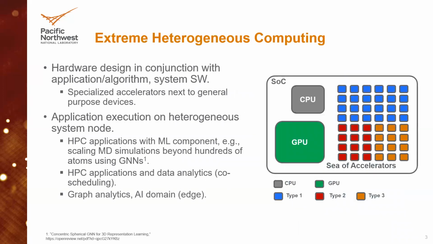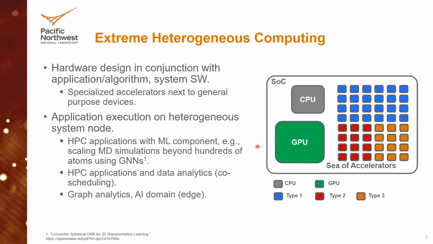The idea here is that we are looking into the future where the nodes will become more complex, where you may have programmable devices such as CPUs and GPUs next to domain-specific accelerators, where some accelerator may be doing some GEMM acceleration, some may be doing FFT acceleration, and so forth. So how do you design such system nodes?